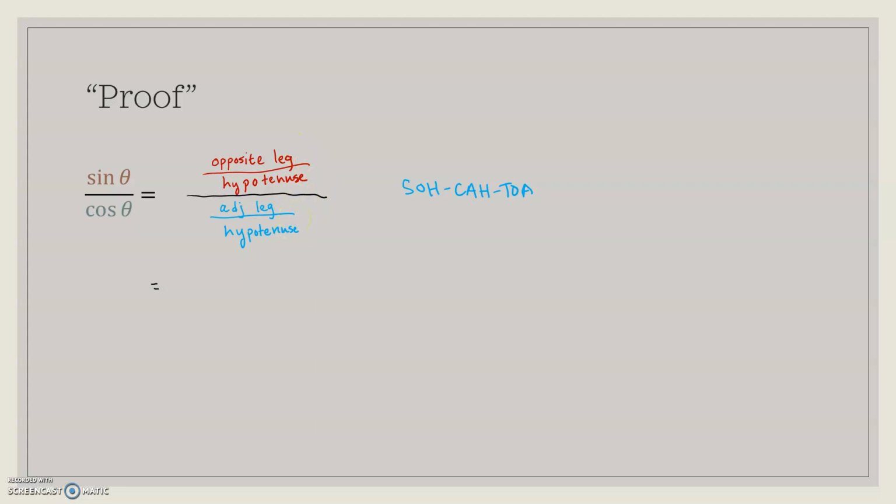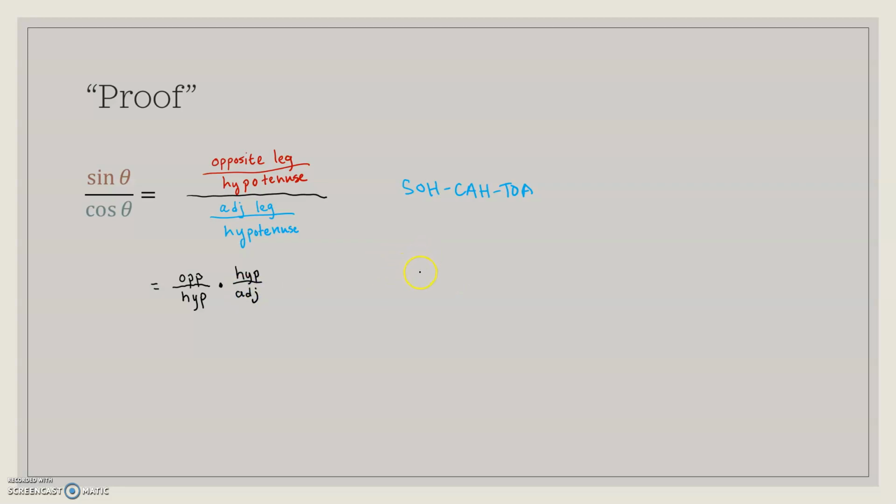I'm going to rewrite that so that it looks like I'm multiplying by the reciprocal. So it's the opposite leg, which I'm going to abbreviate as opposite divided by the hypotenuse, or hype for hypotenuse. And then I'm going to multiply by the reciprocal of the denominator. So that would be the hypotenuse divided by the adjacent.